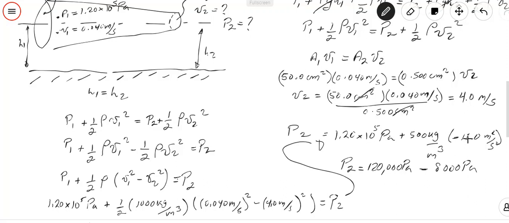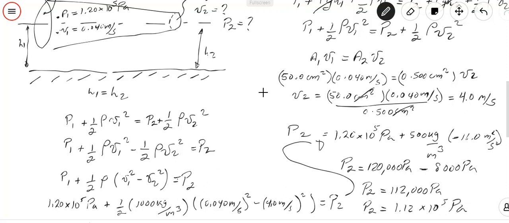When you do the transformation, you find that this product, kilograms over cubic meter times meters squared per second squared, gives you newtons over square meter, so it gives you Pascal. So you can say that P2 is equal to 112,000 Pascal. That is the same in scientific notation as 1.12 times 10 to the 5th Pascal.